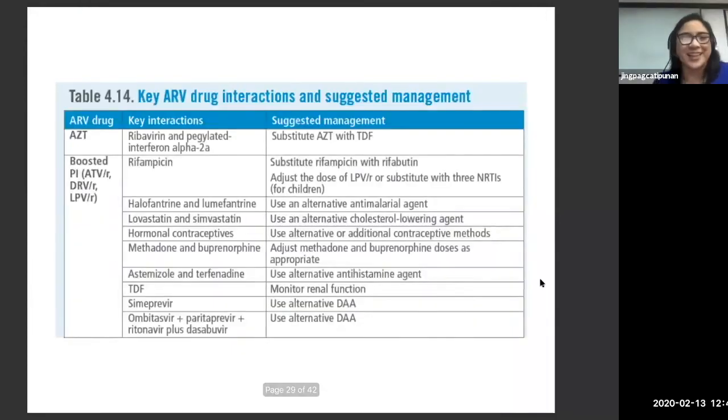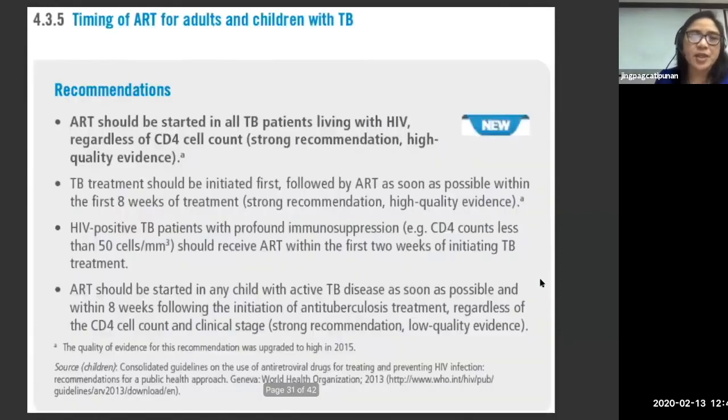Okay, so these are the drugs, drug interactions and other suggestions.